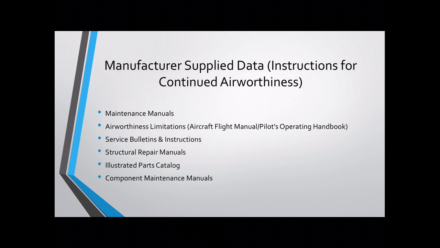We have airworthiness limitations, and this really focuses more on the operating side of things. So we have the Aircraft Flight Manual and Pilot's Operating Handbook. This can detail things like speeds, never exceed speeds, maneuverability speeds, things like that for the airframe.